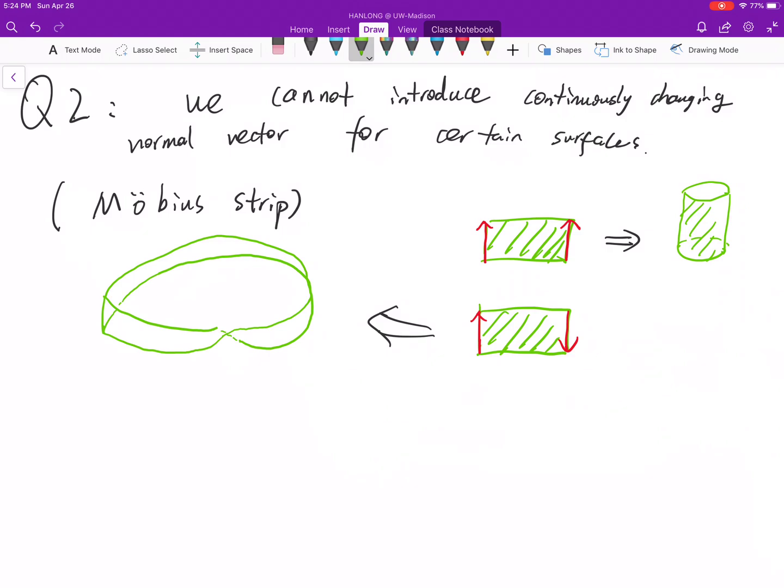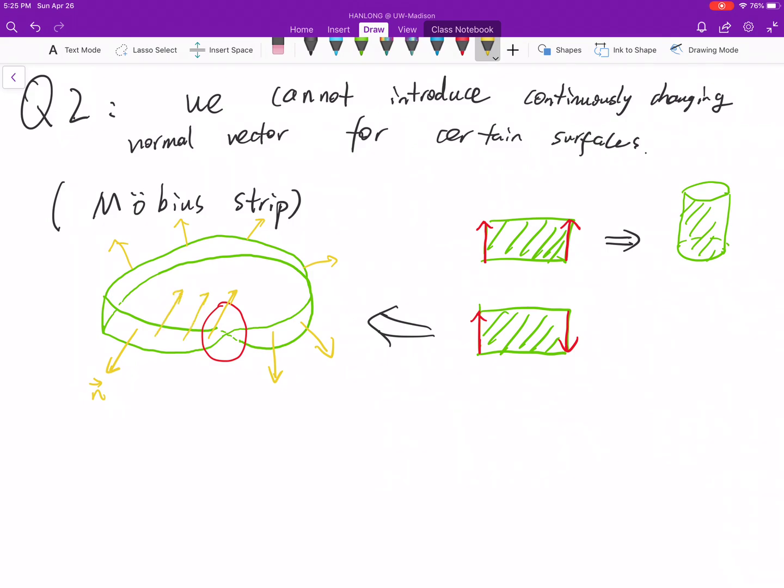Okay, then you can prove, it's not easy, that we cannot find a continuously changing normal vector for this surface, and the reason is the following. Suppose you choose a normal vector here and then you change it with the point. Then you have this one, this one, this one. But when you flip it at this point and cross it, your normal vector becomes this one.